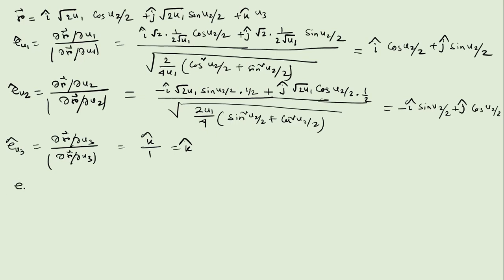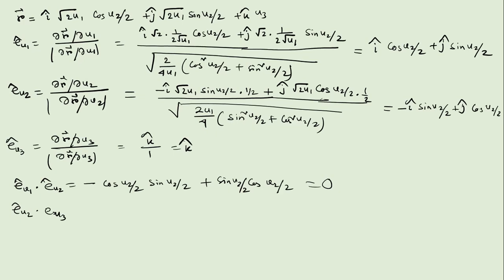Now we need to find out whether they are orthogonal to each other, that means perpendicular to each other. Just take the dot product of these two: we will get minus cos u2 by 2 sin u2 by 2 plus sin u2 by 2 cos u2 by 2, which is 0. u2 dot u3, u3 is k and this is i j, so this is also 0.